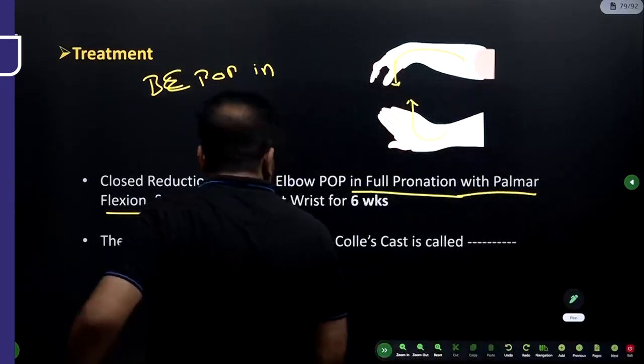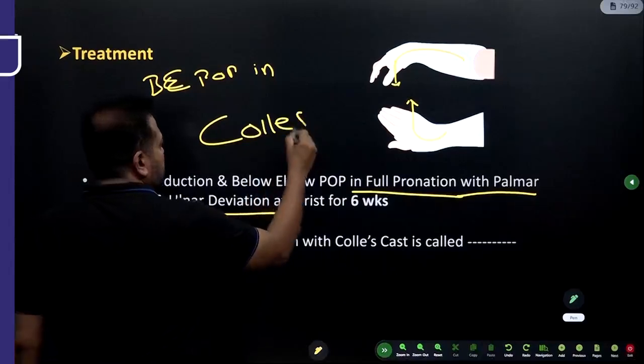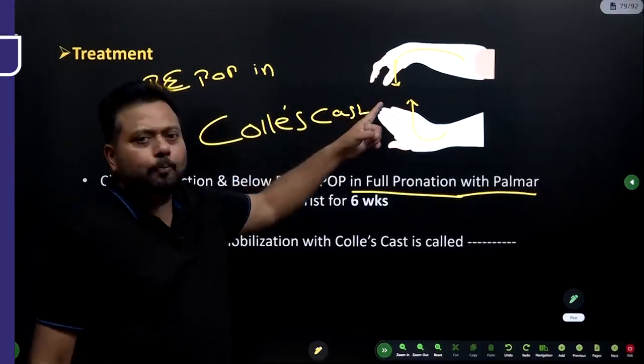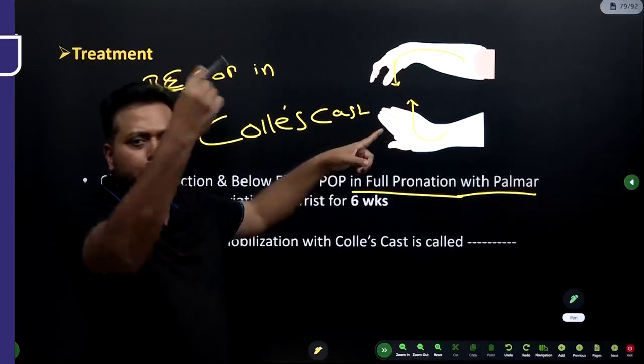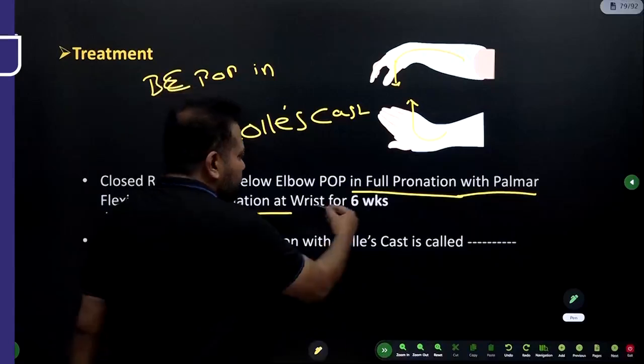Okay, this is called Colles cast. This classical cast is called Colles cast. Below elbow POP cast in full pronation, palmar flexion, ulnar deviation for a period of 6 weeks.